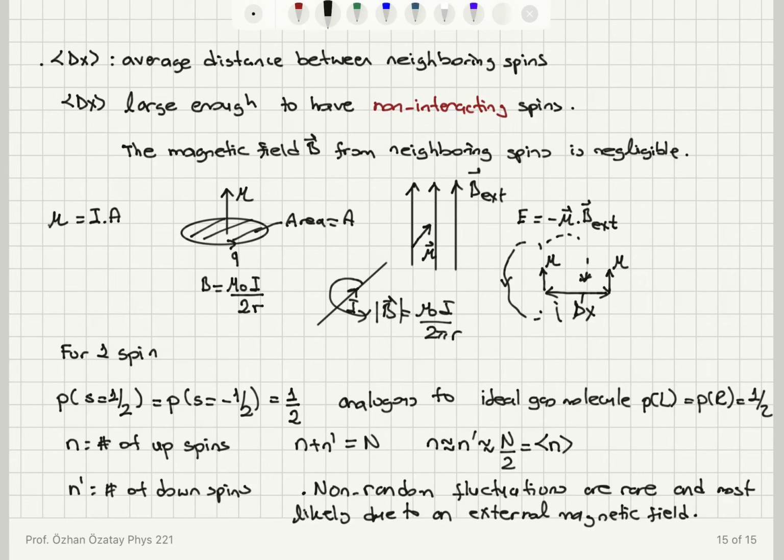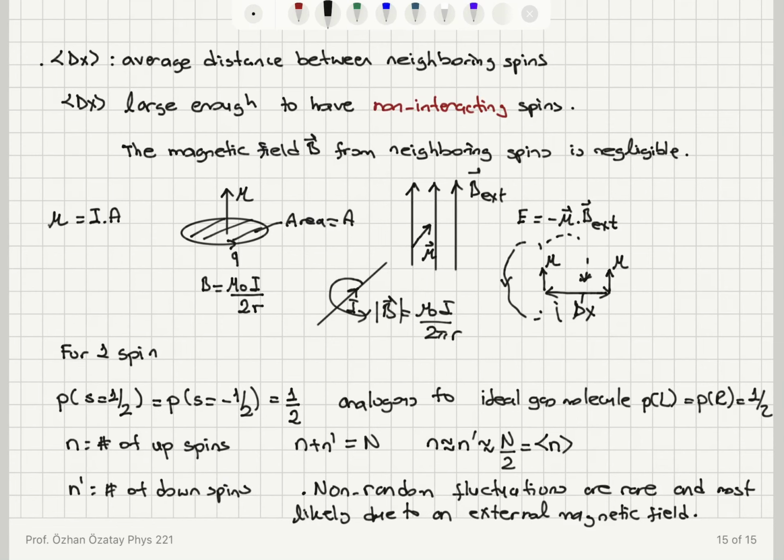And for statistical purposes, for one spin that is not interacting with any other neighboring spins or with an external field, the probability of having 1/2 or -1/2 spin quantum number is 1/2. That means they are equally likely. It can point up or down. There is no preference. Just like for a single ideal gas molecule on the left hand side or right hand side in the box with an imaginary partition in the middle.